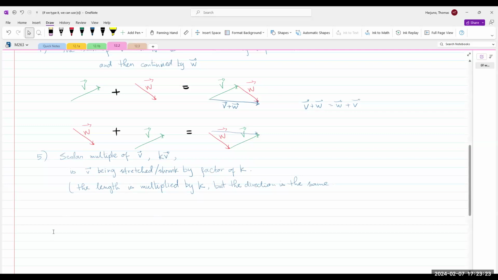Okay, so for example, our vector v earlier. What does vector 2v mean? 2v means you basically pancake two vectors back to back like this. This is vector 2v. And it is algebraically correct, like vector v plus vector v equals 2v. You notice that the direction is still the same. The length is twice.